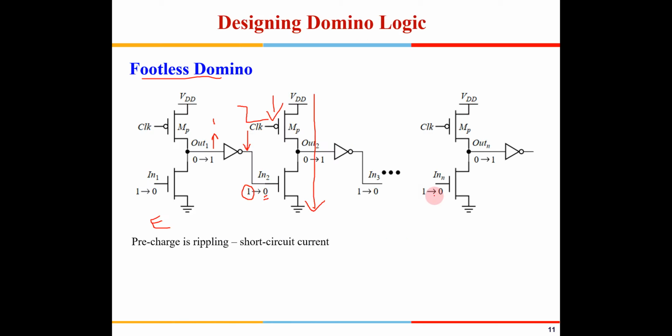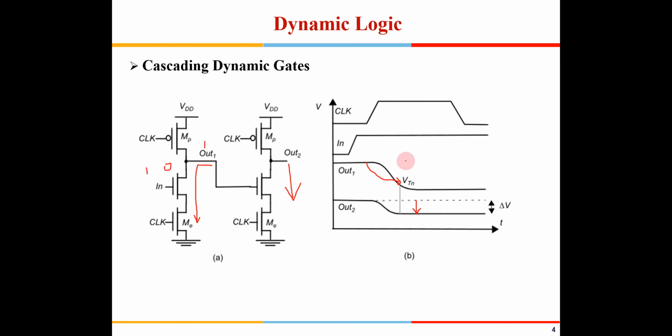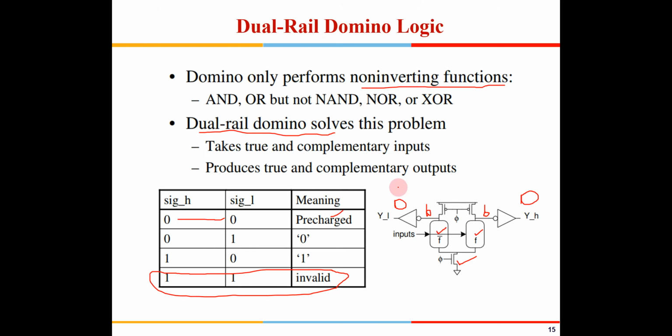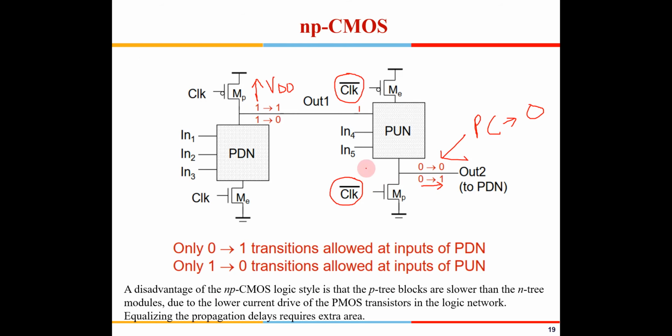The issues of cascading, which we saw in the dynamic logic, like here we had an issue, this going from 1 to 0, causing a drop in voltage here. So that is not happening out here. Yeah, it is something like a master slave flip-flop, you can call that, right?